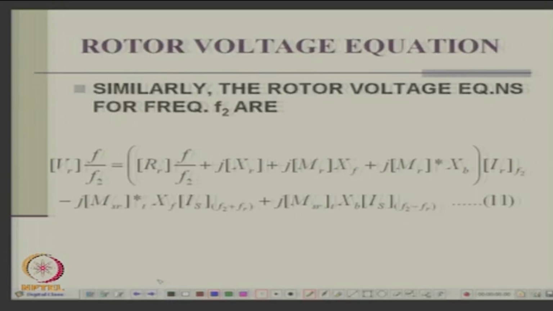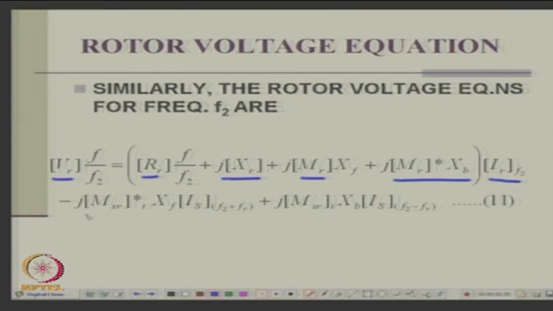Now, the rotor equation also you can write: VR is equal to RR f by f2 plus j XR, MR Xf, MR star (conjugate) Xb into IR f2, then MSR. Now, in the rotor equation, MSR is the coefficient between the stator and rotor windings, which will be a function of its turns and the dispositions.